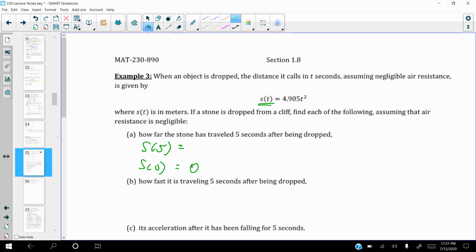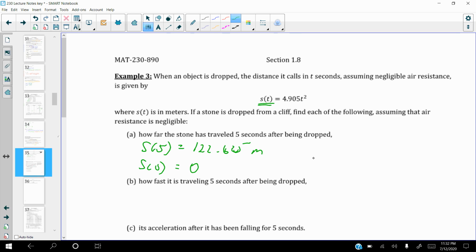If I want to figure out what S of 5 is, we're going to have to plug that into a calculator. So 4.905 times 5 squared, which is 25, is going to give us 122.625 meters. So if I take the difference in those two, well, obviously 122.625 minus 0 is just 122.625.